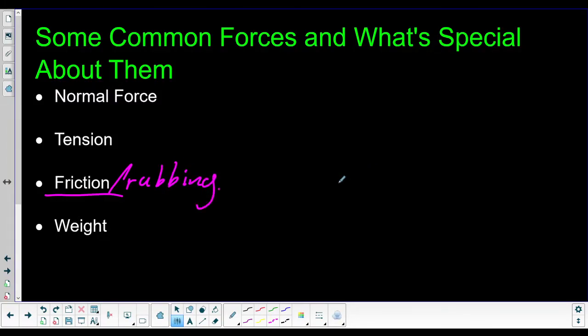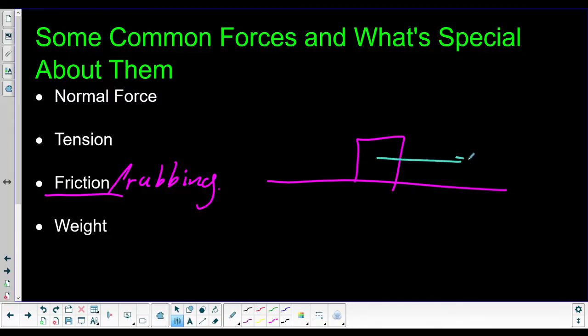Let's talk about friction. If you have a flat surface and you have something on that flat surface, if I push this thing that direction, friction is trying to resist that motion. It doesn't like that you're pushing on this. So it slows things down, right? If you slide something across a floor, it doesn't speed up until it hits a wall, right?